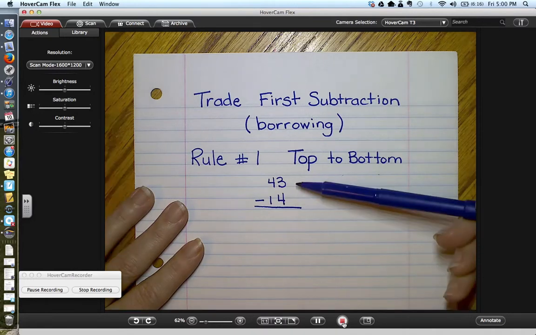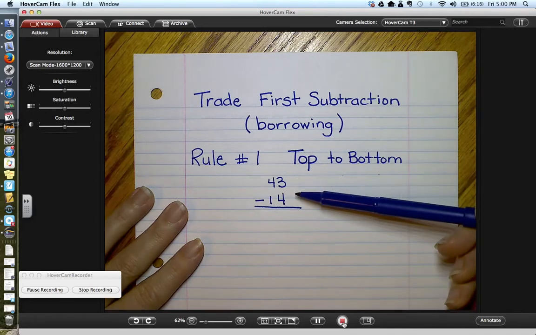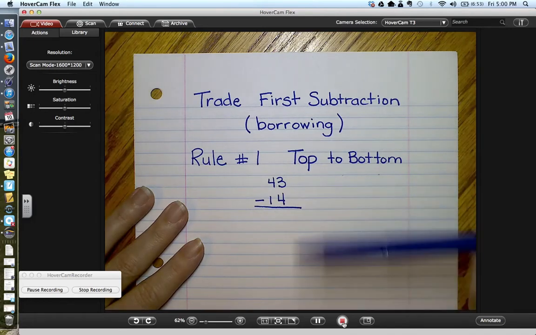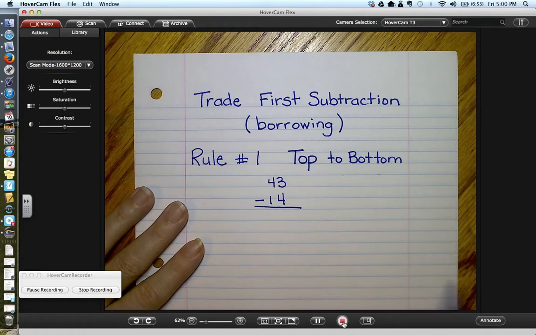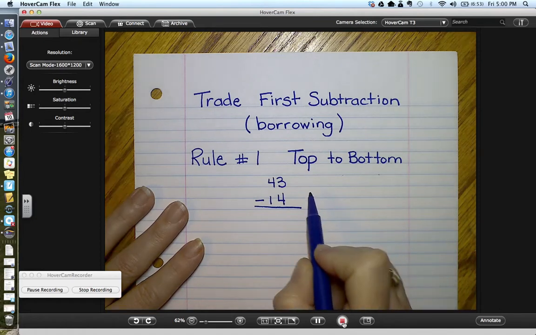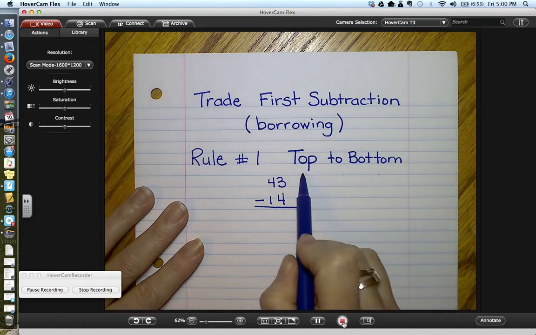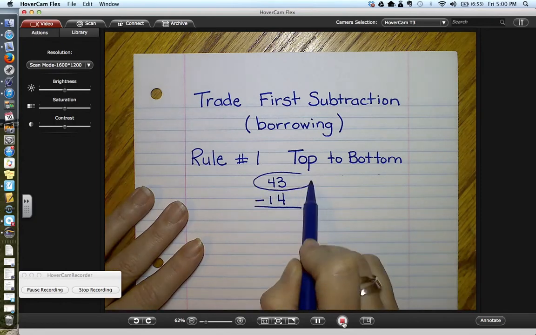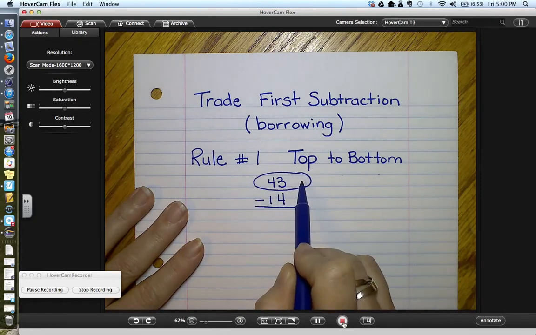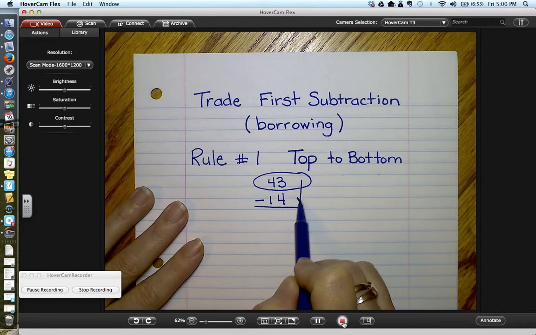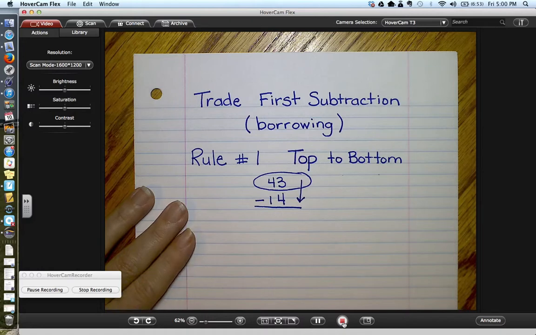So if I read it top to bottom, then I also have to do my subtraction top to bottom. So that means I'm always going to start up at the top and go down. I'm never going to start down at the bottom and go up. Start at the top and go down. So rule number 1, top to bottom. Please make sure that you have written what I have here. We're not going to answer that math problem right yet.